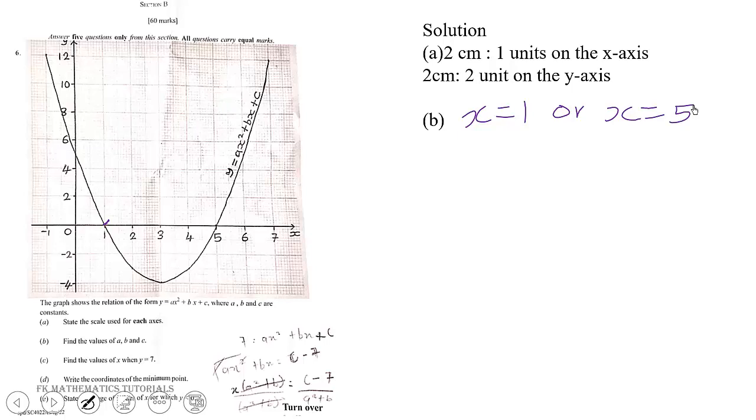We work backwards. The 1 is positive on the right hand side, and the 5 is also positive on the right hand side. So working backwards, we get x minus 1 equals 0 or x minus 5 equals 0.